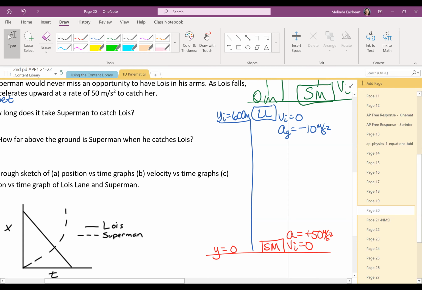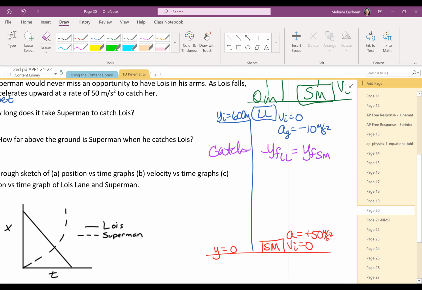They both start at rest. And so it's probably going to happen closer to the top. So we're going to say this is where the final position of Lois Lane equals the final position of Superman. So this is the catch. I don't really know the position, but if he catches her, this is their final position. True story?